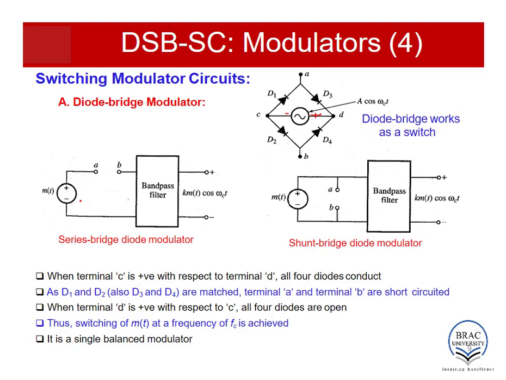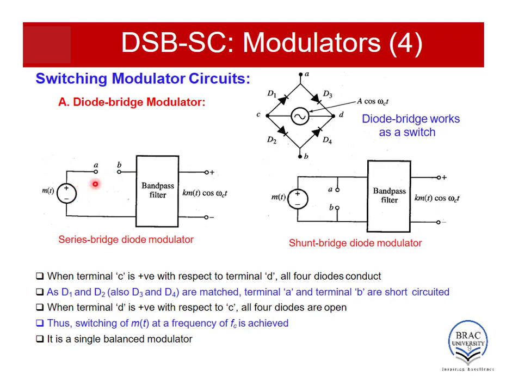The input is mt, then it is followed by this diode bridge and then the bandpass filter. As I have mentioned, when all the 4 diodes are conducting, this will be a short circuit and the message will be passed. At that time, the message will be multiplied by 1. But when this source reverses its polarity, then all the 4 diodes will be reverse biased and A and B will be open circuited.